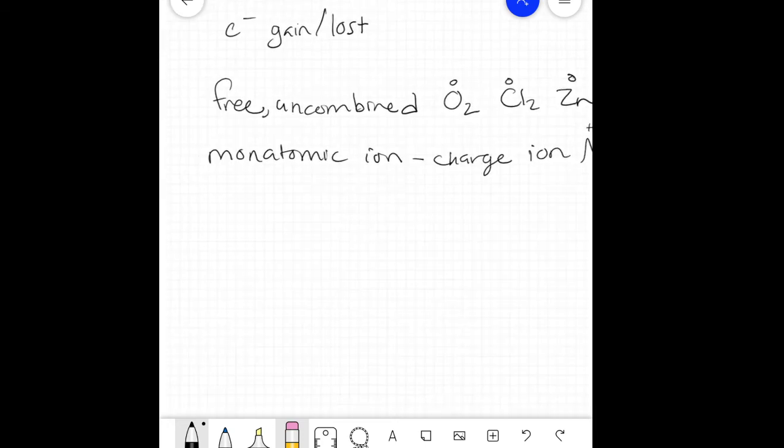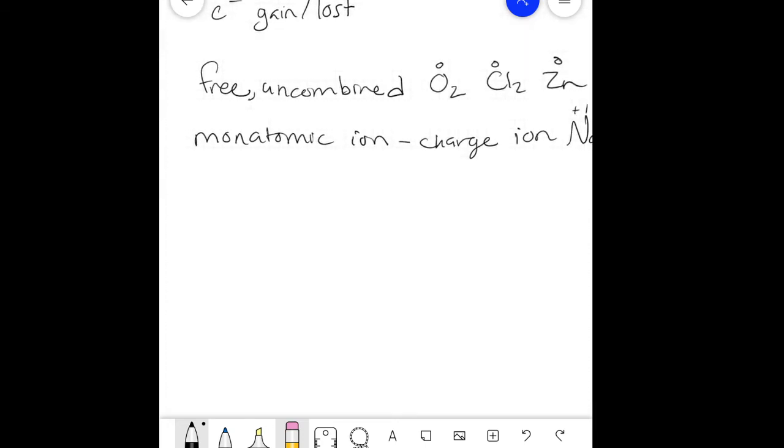Say you have a covalent compound. In a covalent compound, the less electronegative, the less reactive one, because covalent, remember, is 2 nonmetals.